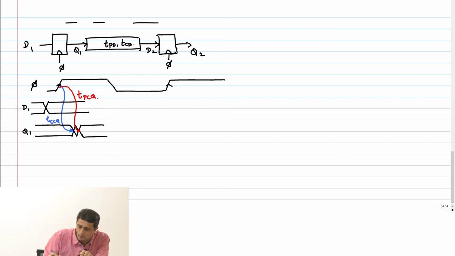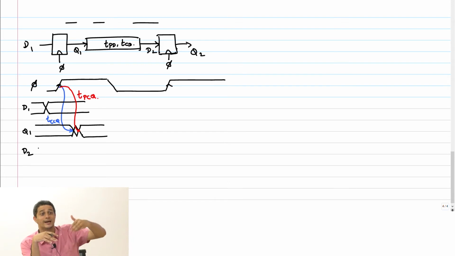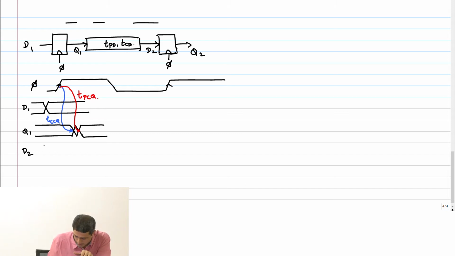So now I am going to look at D2. D2 is the output of the combinational block, right? So the moment Q1 starts changing, there can be the earliest change that happens at the output of the combinational block, which is the contamination delay of that block, right, which will be determined by the shortest path of change, right? So D2 will have another similar structure here, right, where you have some changes like this.